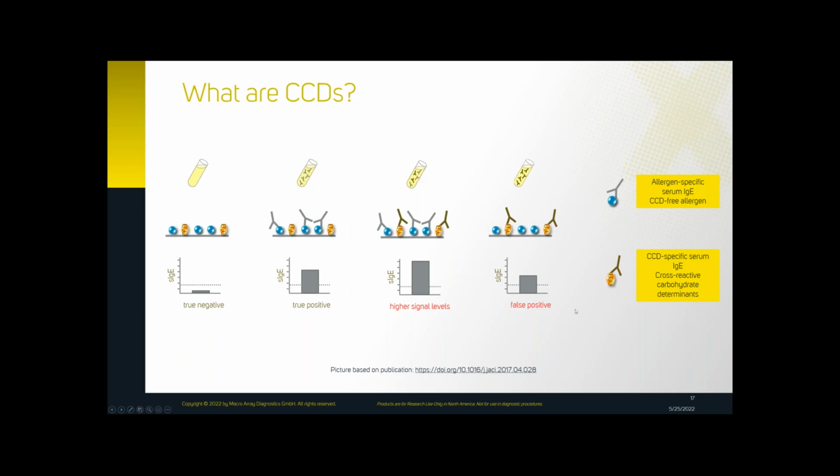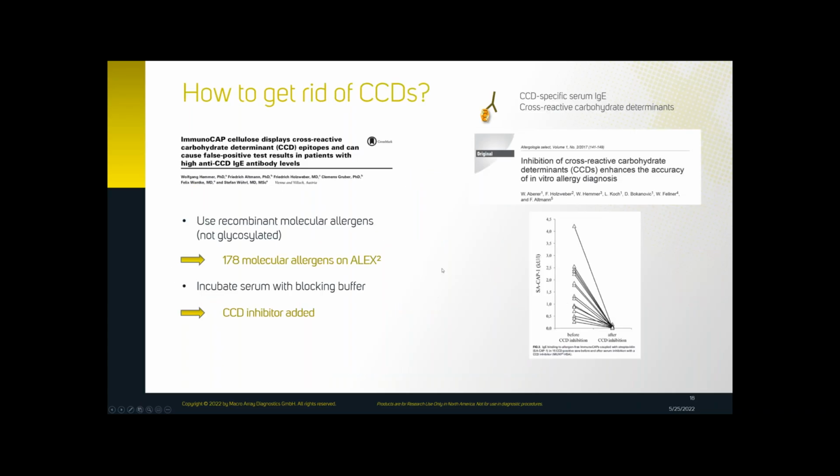So how do you get rid of CCDs? You could either use recombinant molecular allergens that are not glycosylated, and on ALEX² there are 178 molecular allergens, or you incubate the serum with a blocking inhibitor, and that's why a CCD inhibitor is added during the serum incubation step.